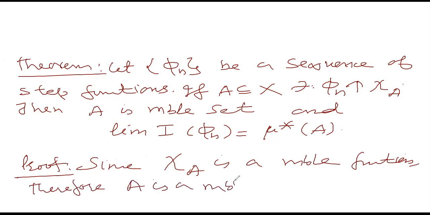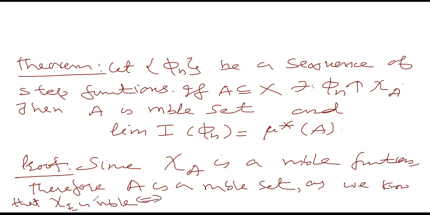As we know, the characteristic function chi of E is measurable if and only if E is measurable, and here chi of A is a measurable function, therefore A is a measurable set. This is done.